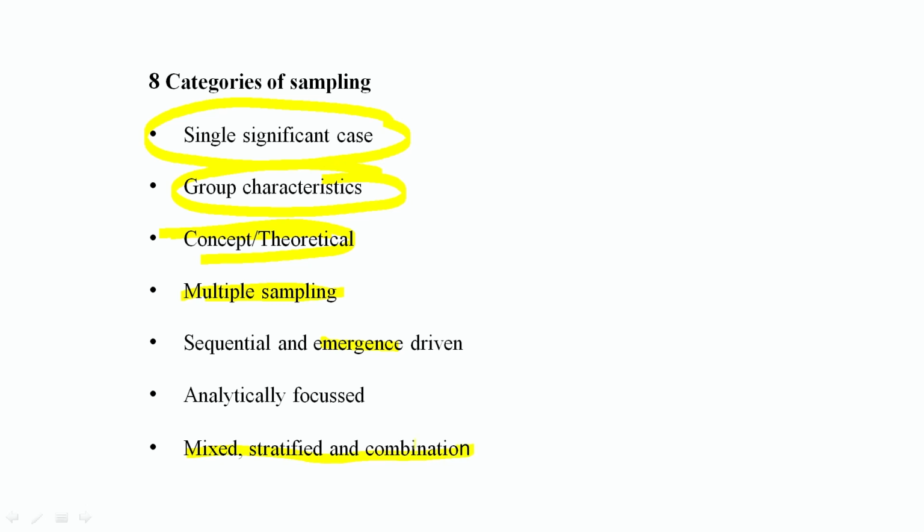So how practically useful these are? Imagine you want to conduct a qualitative study and the information that you are looking for is from a single individual, or you want to collect it from a group. It is up to the research question that we have already seen.